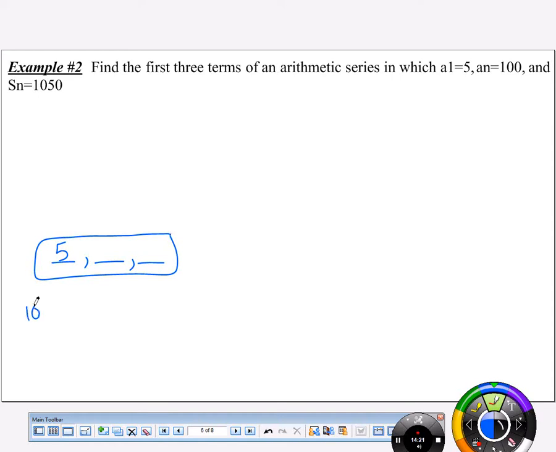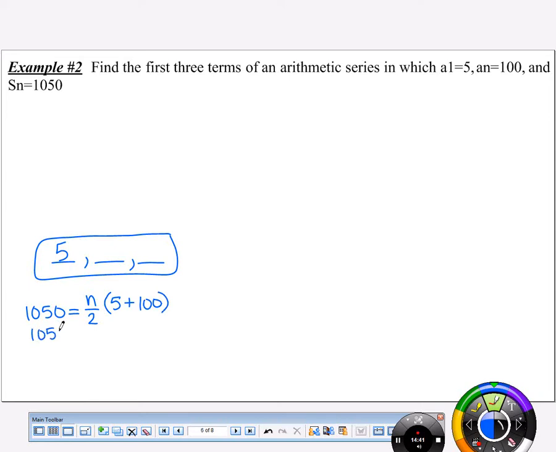So using our sum formula, if 1,050 is the sum, we don't know how many terms that is added together, but that's the first term of 5 plus the last term, and the last term, the a sub n, when the sum is 1,050, is specifically given to us as 100.